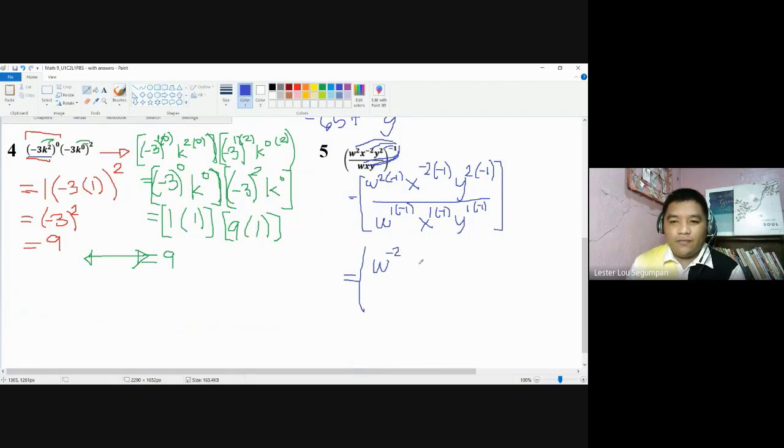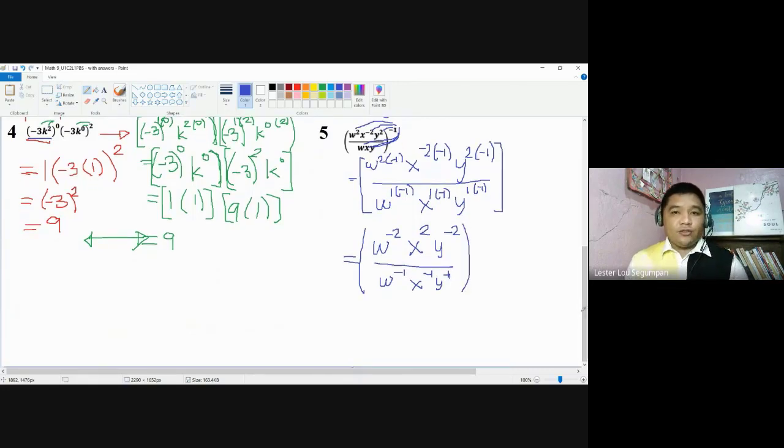And then you have here x to the power of positive 2, y to the power of negative 2, all over w to the power of negative 1, x to the power of negative 1, and then y to the power of negative 1. From this, you could also apply the division law if you want to, since you have here pairs of expressions with the same bases.